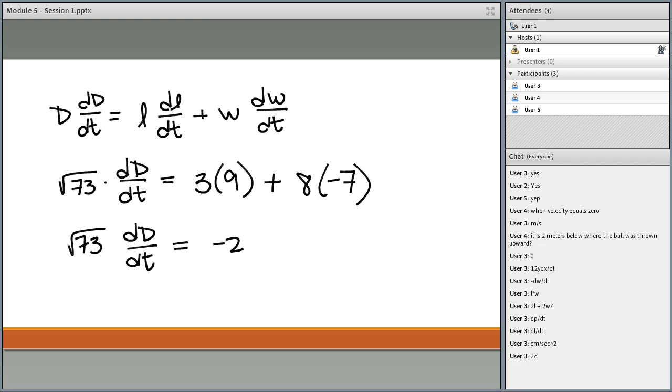So on the right side, I end up with negative 29. And what can I do to solve for dD/dt? Just divide over the square root of 73 to both sides.